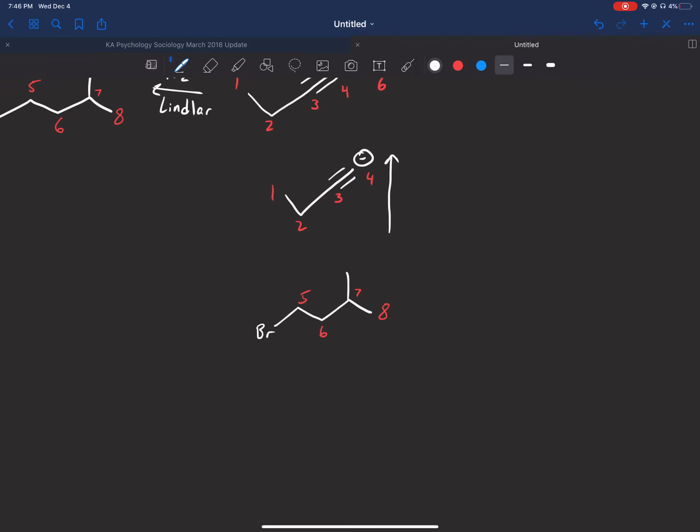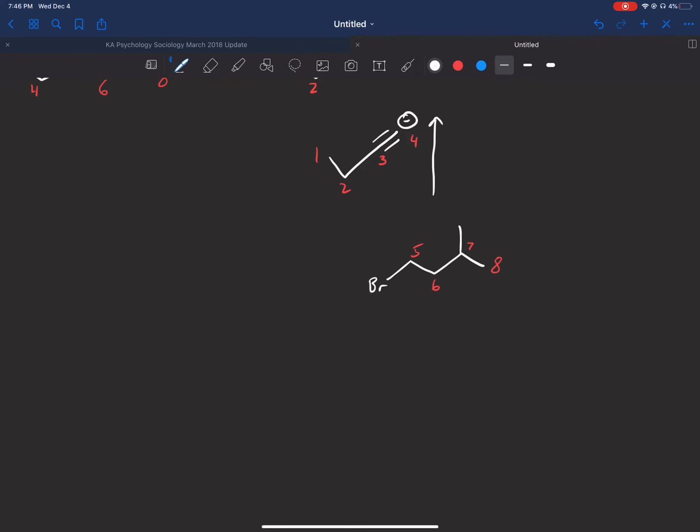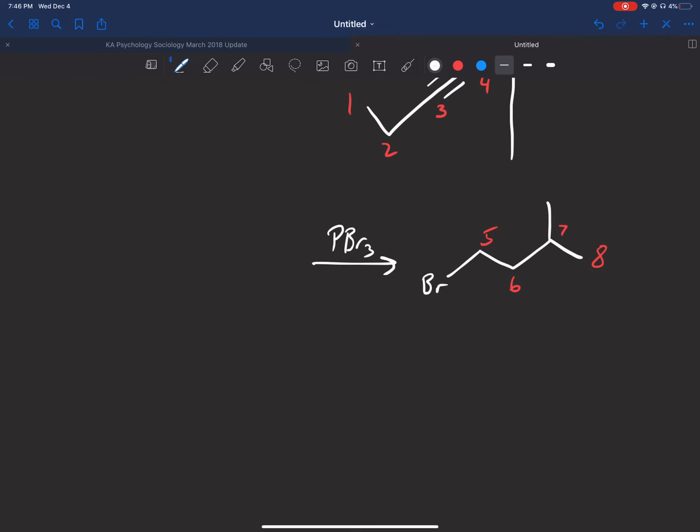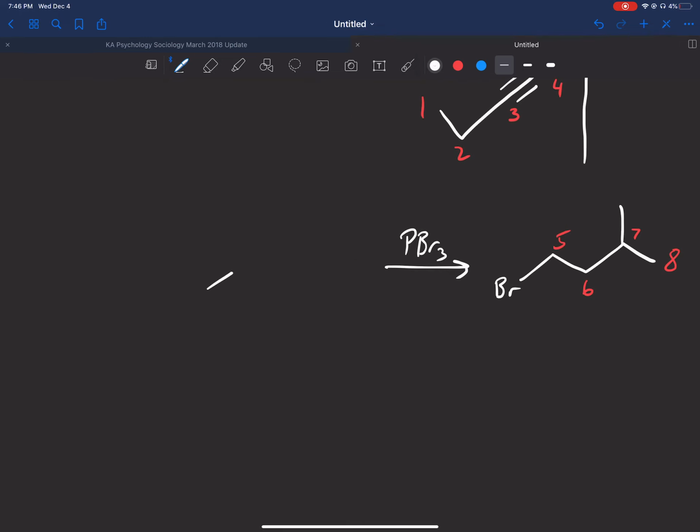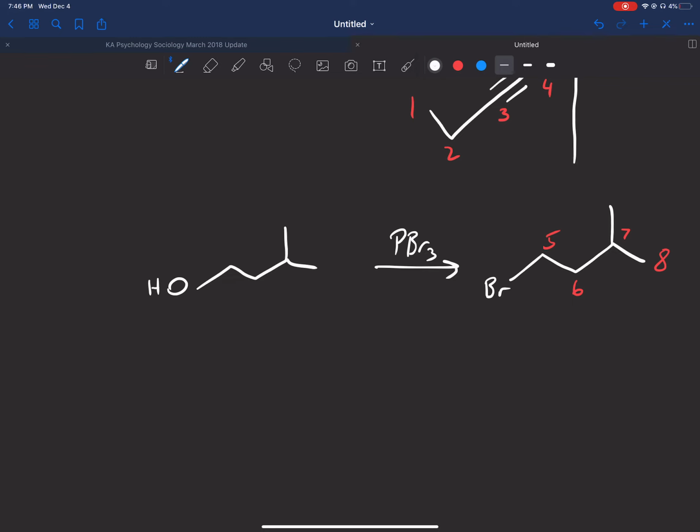Okay, and so now we just want to finish off this guy over here using the stuff that you guys already know in synthesis. So it's not going to be that bad. We're going to do PBr3, because it's a primary bromide, and we're going to get an OH there. Now you could have also used HBr.